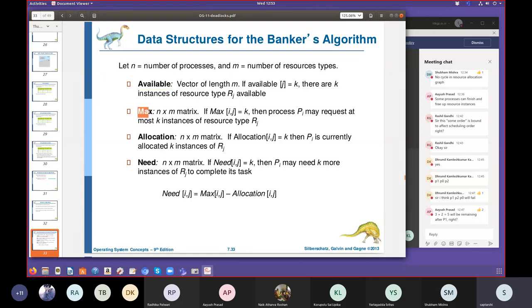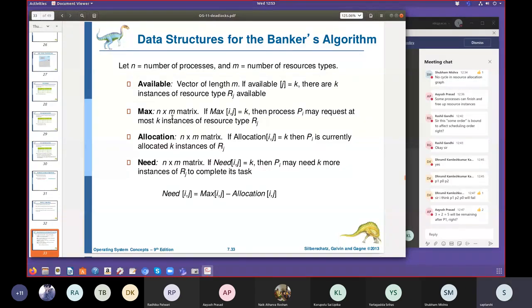Max is the maximum demand of a process. This is an n cross m matrix because every process has to say how many instances of which resource type it can ask for at maximum.